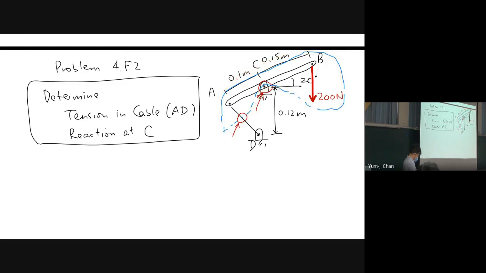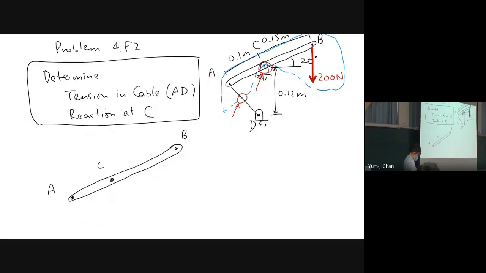Now, there are three things in the free body diagram. The first one is the contour, and mark all the points. That is point B here.